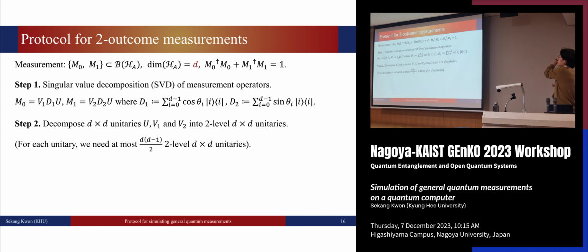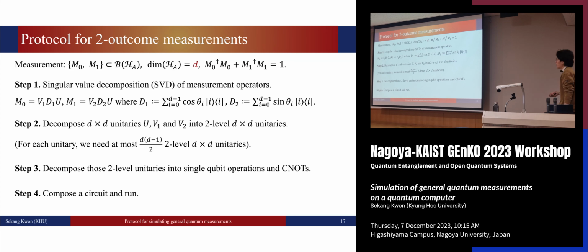Step 2, we decompose the above unitaries into two-level unitaries. Two-level unitaries means that they act on only two-dimensional subspaces, and for each unitary, we need at most this quantity of two-level unitaries to decompose.